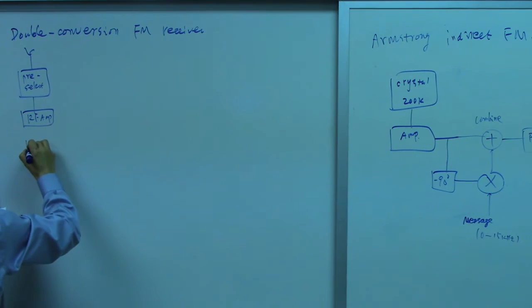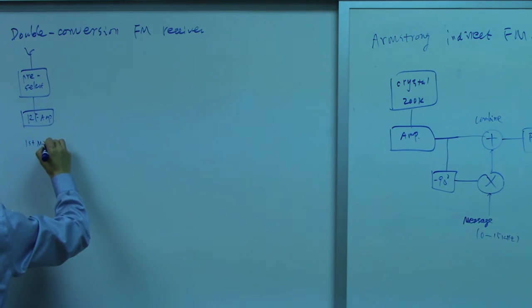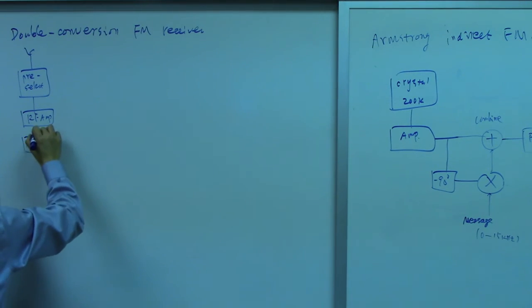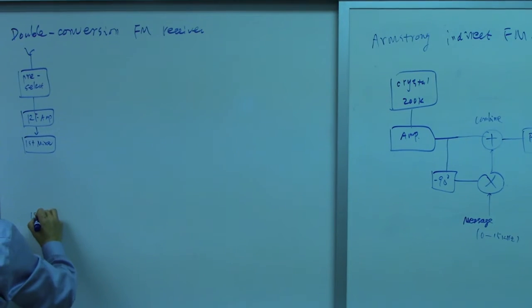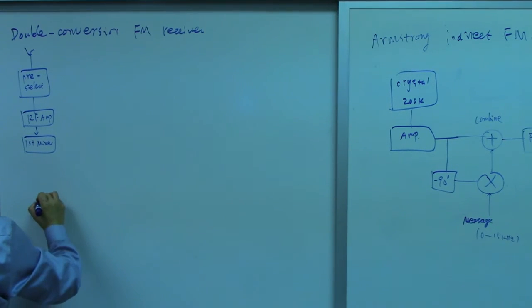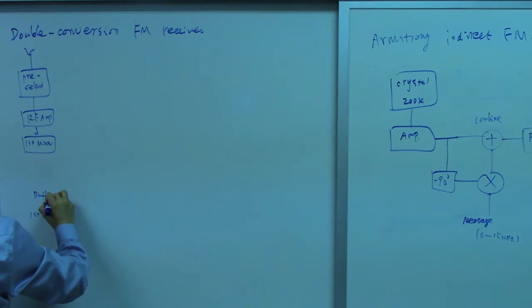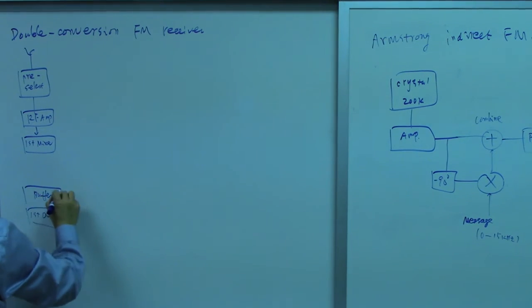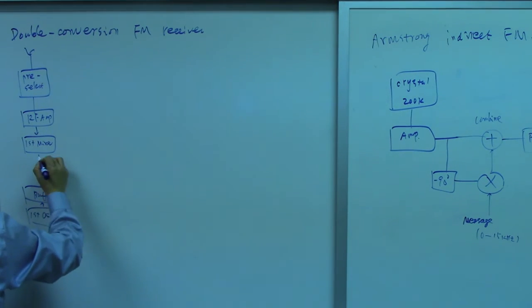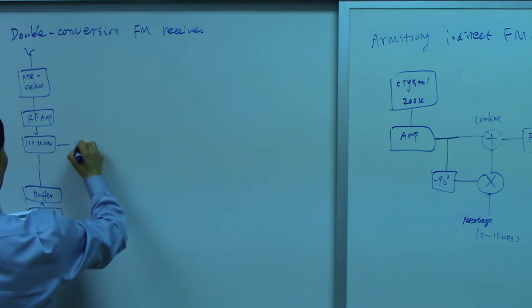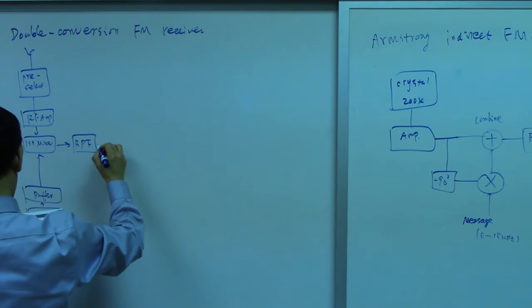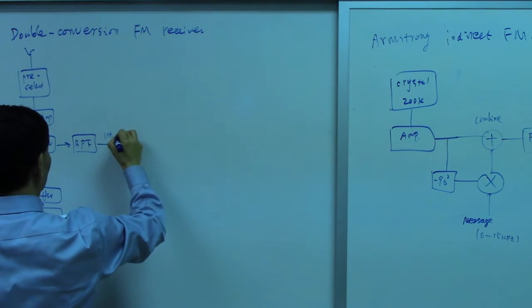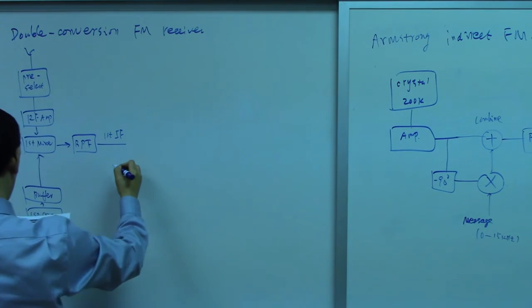And we have the first mixer, and we have the first oscillator. We have a buffer here. Then we have this. Then the output, we have band pass filter. So this is called first intermediate frequency.